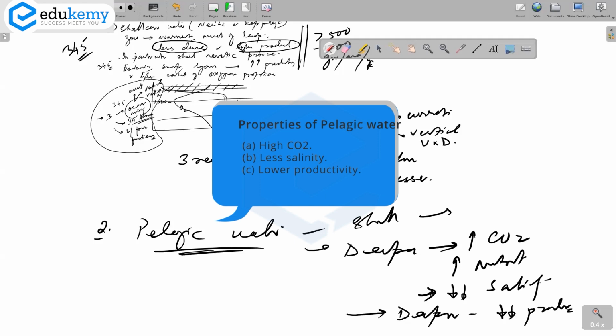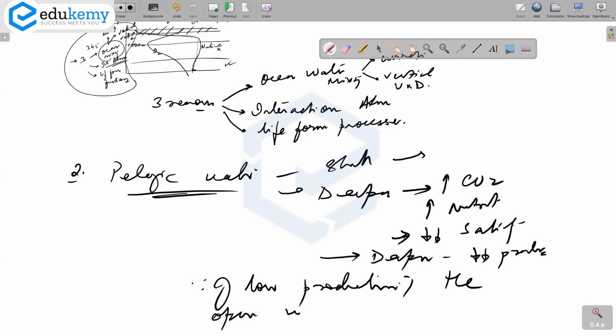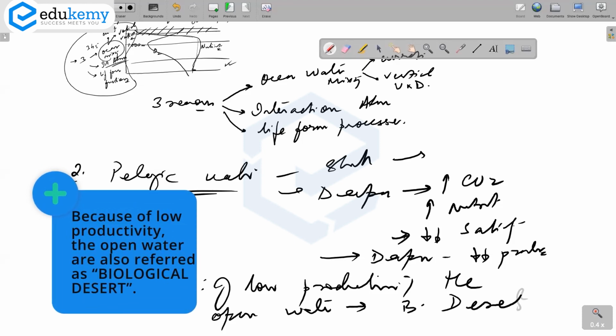In fact, good parts of pelagic waters, because of low productivity, the open waters are also referred to as biological deserts.